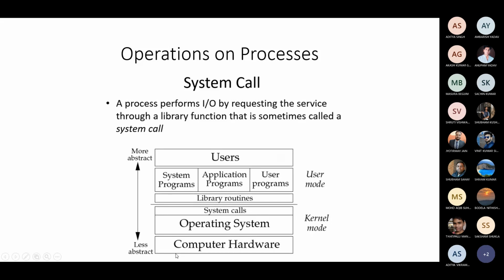We discussed what computer hardware is in the first class: your processor, motherboard, display, RAM. All these come as part of the hardware. The operating system comes in between the hardware and the users. The operating system, if you divide it again, has kernel mode and user mode.